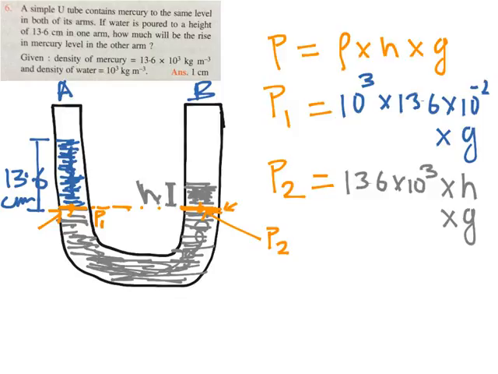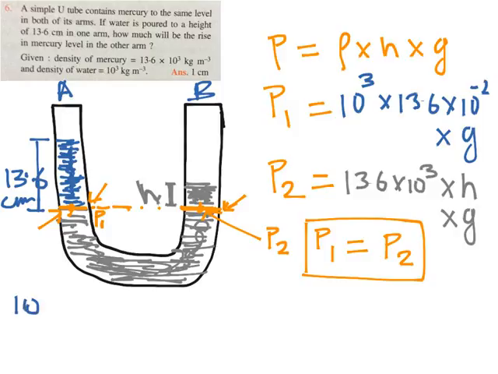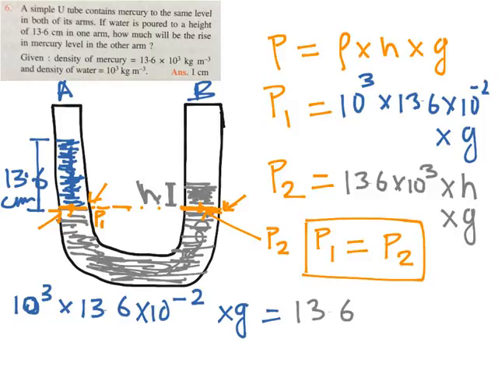We've said the pressure at this point and at this point is the same, so P1 is equal to P2. Equating, we get 10 to the power 3 into 13.6 into 10 to the power minus 2 into g is equal to 13.6 into 10 to the power 3 into h into g.